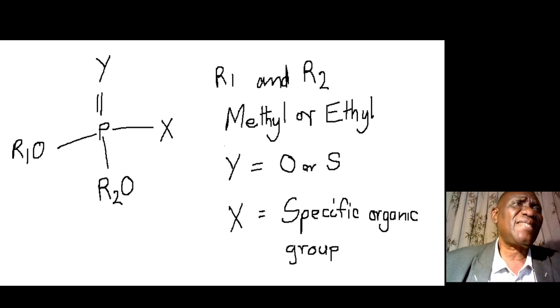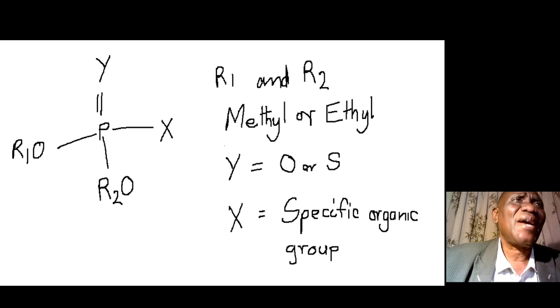This is the basic structure of the organophosphate. At the center of the molecule we have got phosphorus, and phosphorus is attached to what we can call R1O and R2O. The R1 and the R2 are representing the methyl and ethyl, whereas the O is representing oxygen.